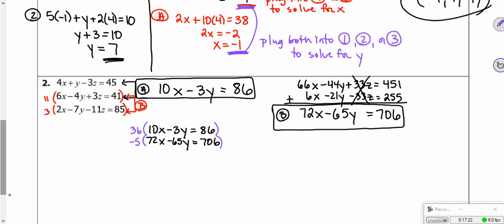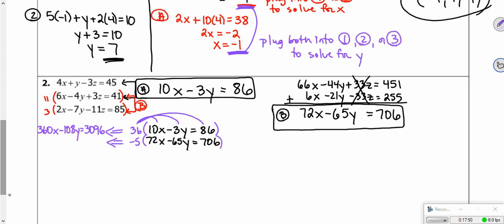So now if I rewrite these, I'm going to go to the left here. This is going to give me 360x minus 108y equals 3096. That is after I distribute this 36 to everything.